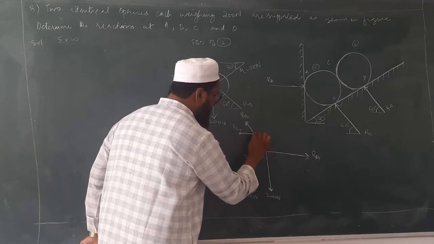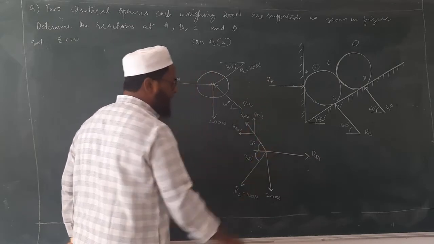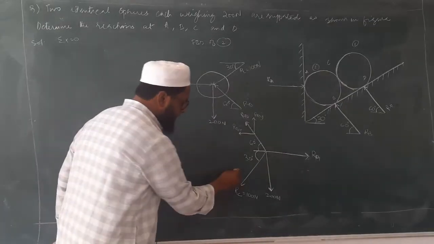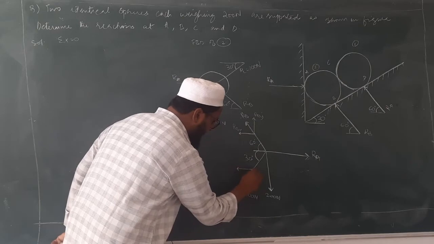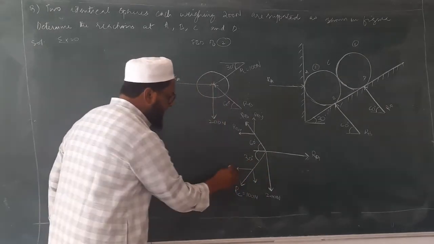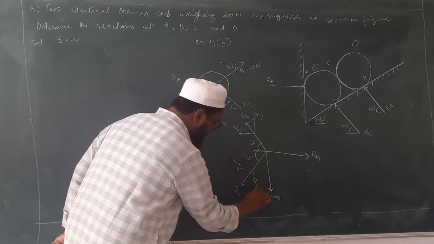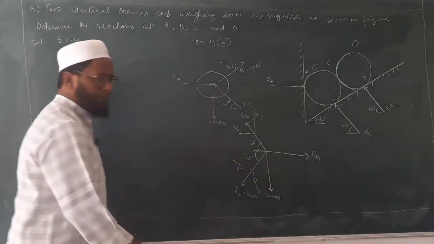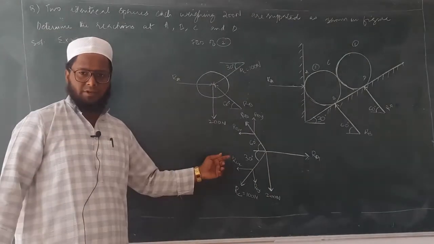And what about this one? RBY. Similarly, this force also has a horizontal component and a vertical component. So this will be RCX and this will be RCY.